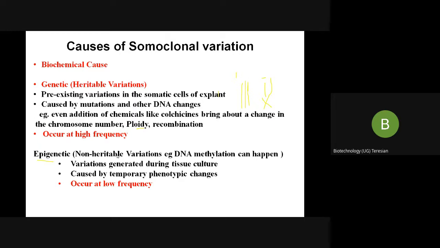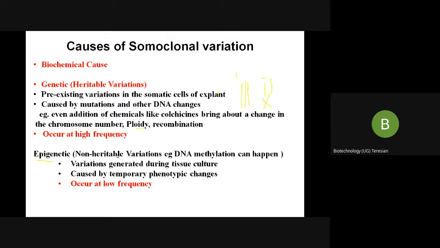And these variations which result in phenotypic changes are not interfering with your genes. Some phenotypic change is happening. For example, maybe I'm a fair-skinned person, but I'm repeatedly exposed to sun radiation. What happens? My skin turns dark. But when I stay back at home, my skin color again changes to a fairer skin.